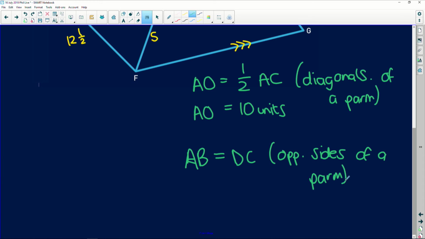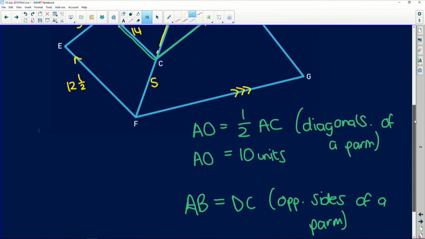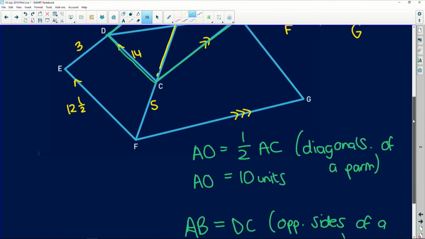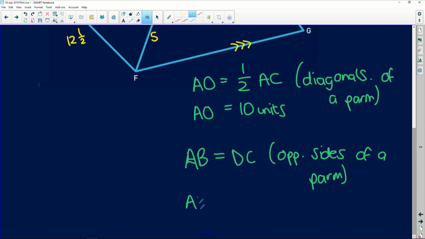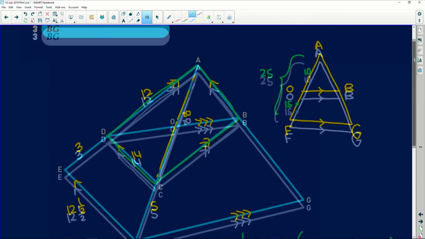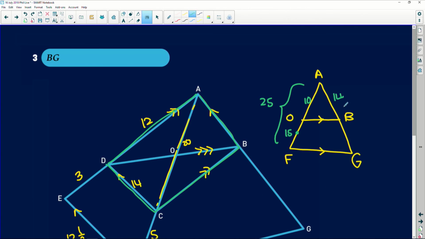You can say parallelogram, otherwise you can say palm. Okay. So now we know that AB is equal to 14 units. Okay, so now up here, we've got 14.